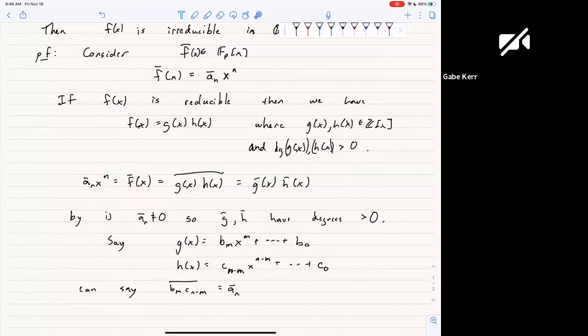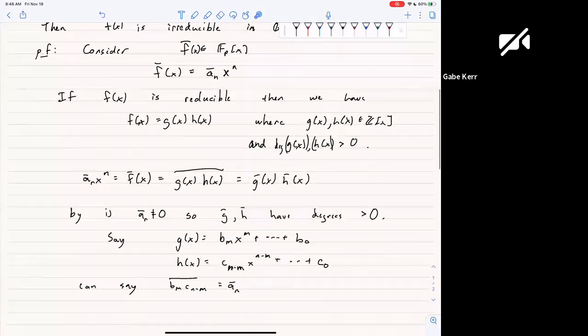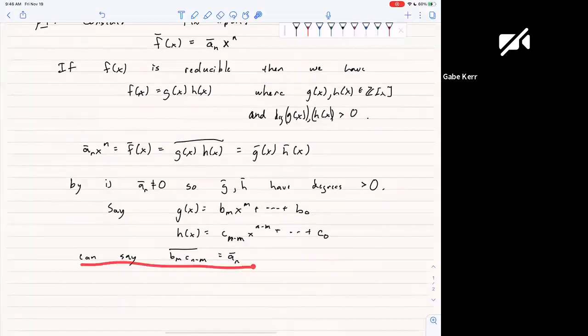What are the irreducible factors of 81? The prime factor 3, right? 3 to the 4th. What are the irreducible factors of x^n? x, right? Any other factor of x^n is x to some power, because you're in a UFD. So that's one thing we can say.